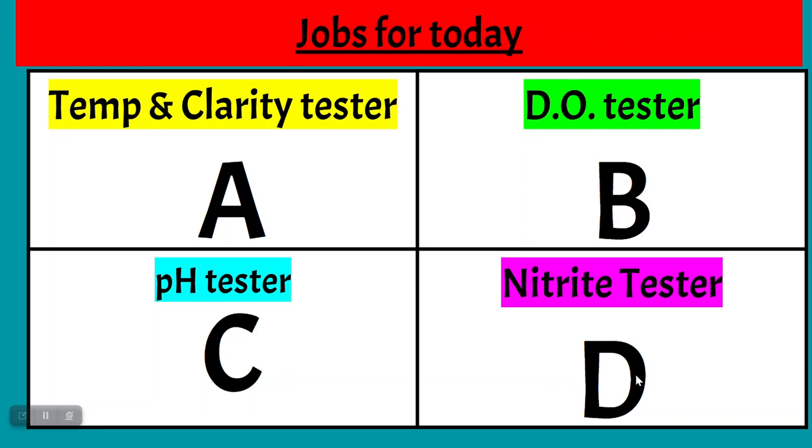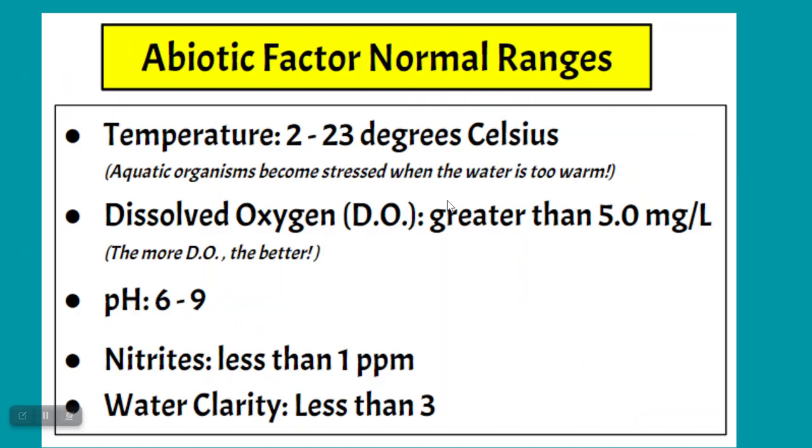And if you're person D, you're going to test for nitrite. Notice these all are color coded, so when you're at your station, you'll see similar colors at your stations. Okay, so my suggestion is if you know your letter already, whichever letter you are, start with that test. Because that way once you've finished reading about one of your tests and once you've filled in your packet, you'll be able to actually test in the classroom.